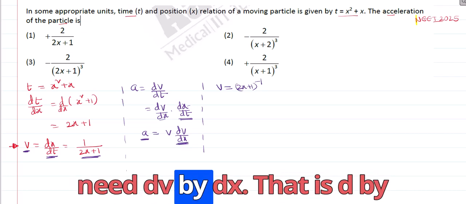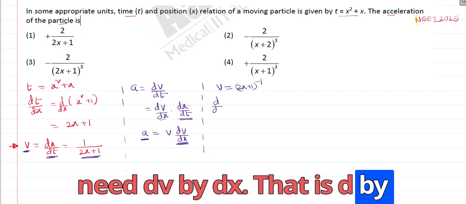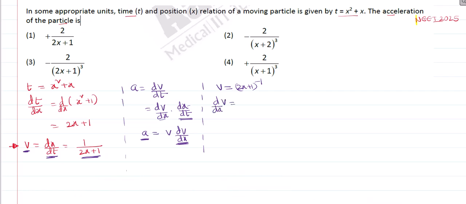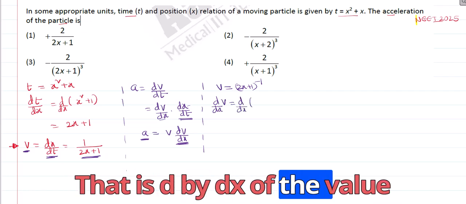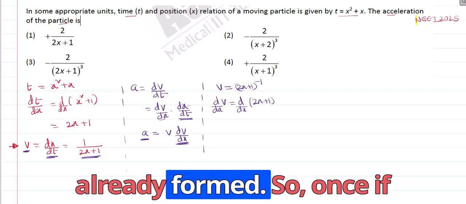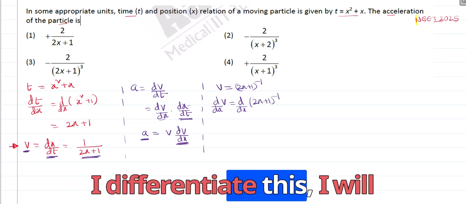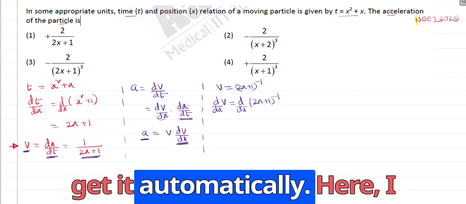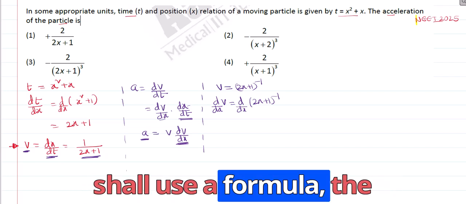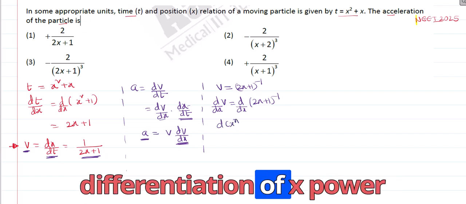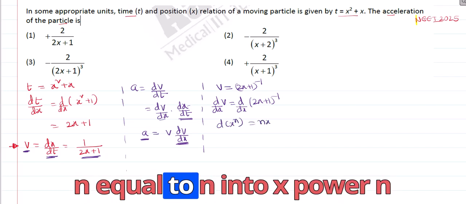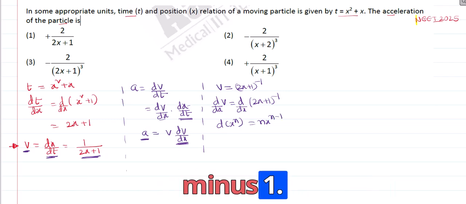I need dv/dx, that is d/dx of v. That is d/dx of the value of v that we have already found. So once you differentiate this, I will get it automatically. Here I shall use the formula that differentiation of xⁿ equals n times x to the power n minus 1.